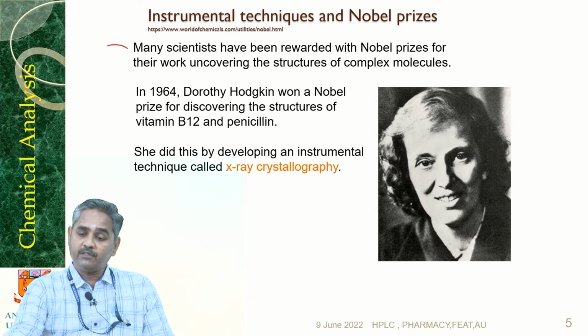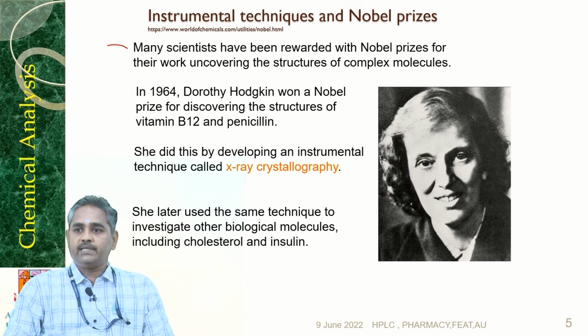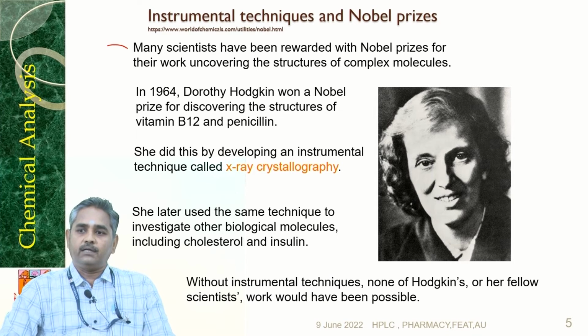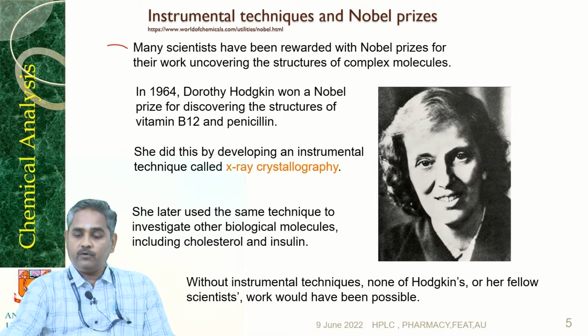She later used the same technique to investigate other biological molecules like cholesterol and insulin. Without her work, the work of fellow scientists would not have been possible without X-ray crystallography.